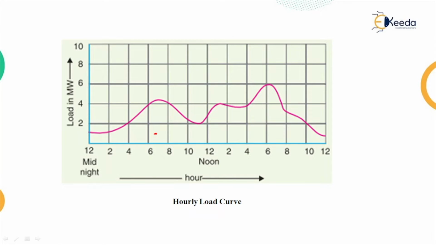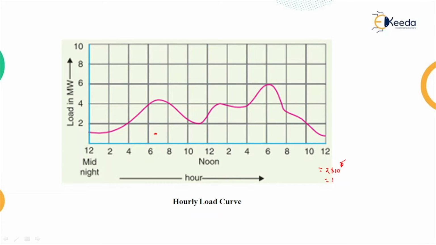The area of one box: 2 megawatt on the y-axis, and we require kilowatt hour. So 2 megawatt can be converted into kilowatt: 2 into 10 to the power 3 megawatt-to-kilowatt, that is, 2 into 10 to the power 6 watt, but we require kilowatt.